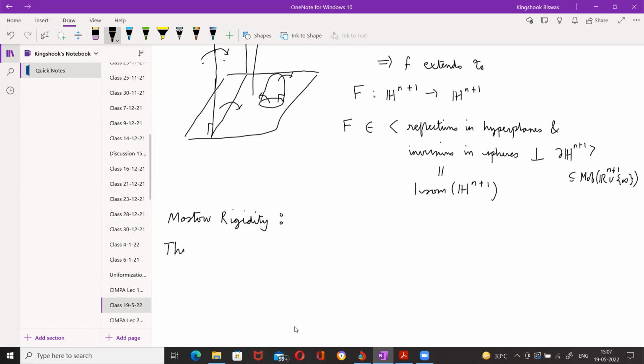So theorem: let n be greater than or equal to 3. Okay. And let M and N be closed hyperbolic n-manifolds.